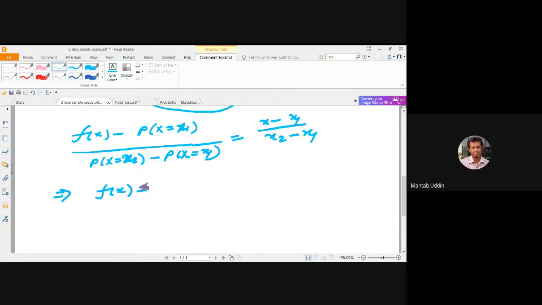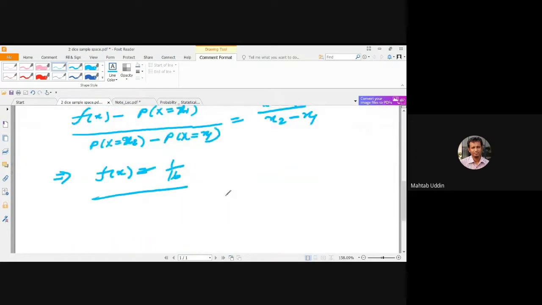Oh, this is minus, sorry. 1 by 16 divided by, I have taken this as 7 by 16, so 7 by 16 minus 1 by 16, and x minus x1, I have taken x1 equal to 1, and 4 minus 1. This is the formula.